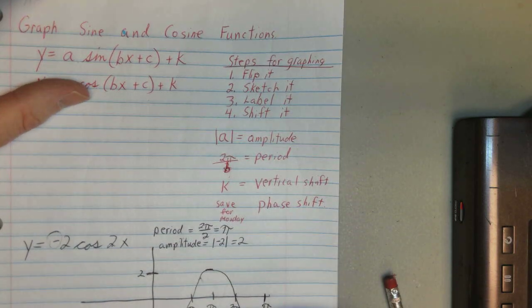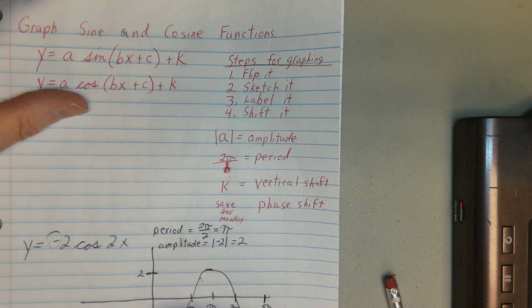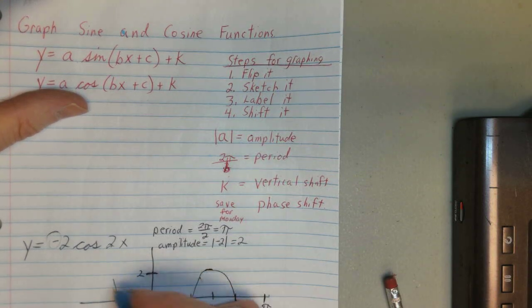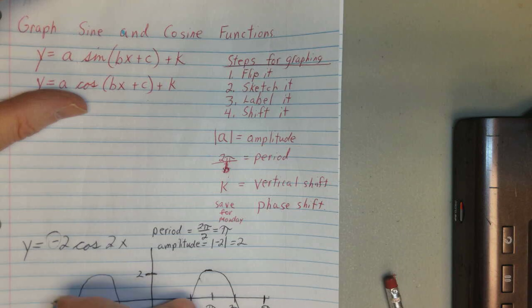I may not have left enough room here, so I'll redraw and draw another period of cosine here to here.